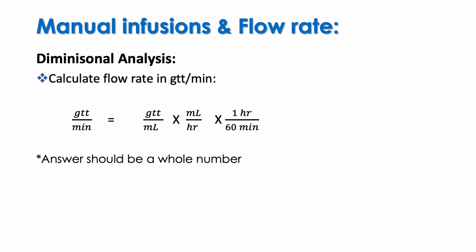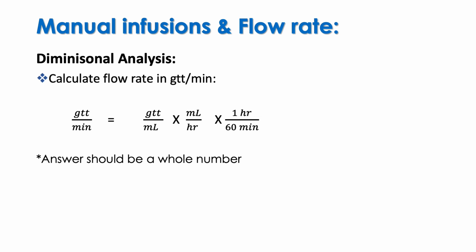Because we want to know drops per minute, we start out with that. I'll just go from the left side of the dimensional analysis here. So we're calculating drops per minute, so I have drops per minute equals. Because I'm looking for drops, I'm going to set up my problem with drops in the numerator.